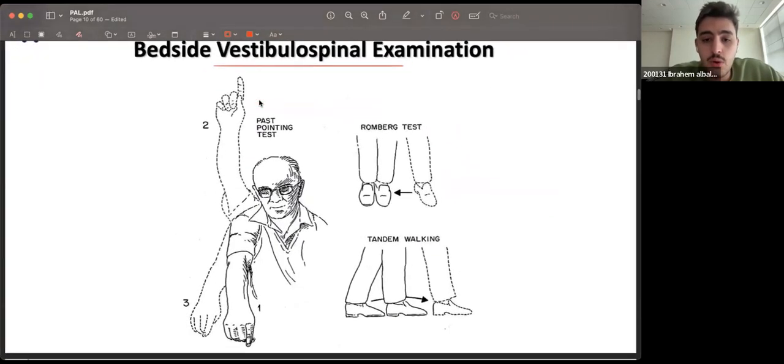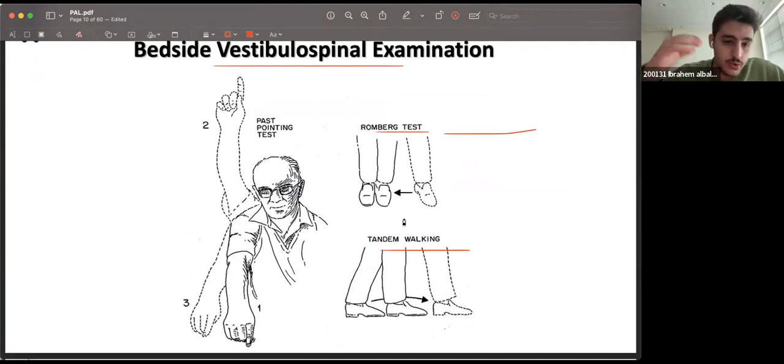Another test you probably know is the Romberg test and tandem walking. Now these assess for another, so I told you in order to be oriented to time and place and position, you need visual stimulus, you need proprioceptive stimulus, and you need the vestibular stimulus. So the proprioception is an important and crucial part. And in it, to test the dorsal lemniscal pathway, you can use the point testing or the Romberg test.